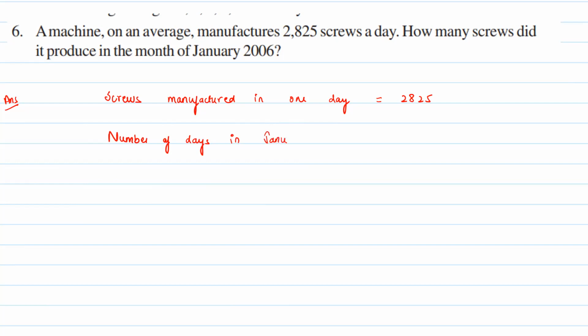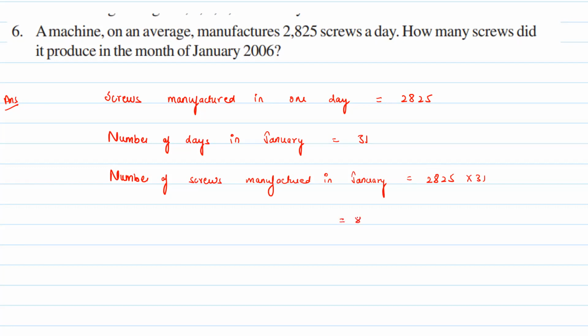How many days? You have to keep in mind 30, 31. So the number of screws manufactured in January will be, you have to now multiply 2825 multiplied by 31.